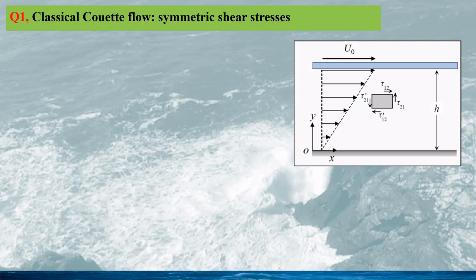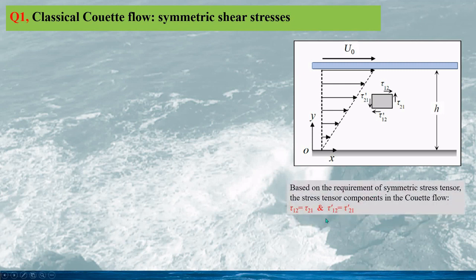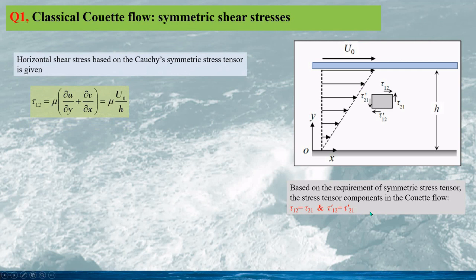Now we can calculate the shear stress in the Couette flow. We can draw a small rectangle, and there will be 4 stress components as seen here. Based on the requirement of the Cauchy symmetric stress tensor, we have tau12 equaling tau21 and tau prime 12 equaling tau prime 21. And the horizontal shear stress based on the Cauchy symmetric stress tensor is given as this.